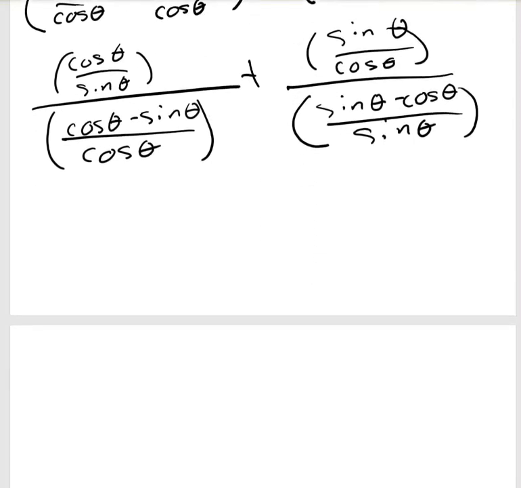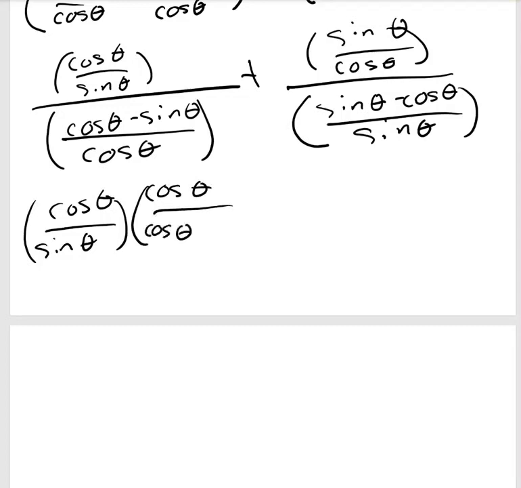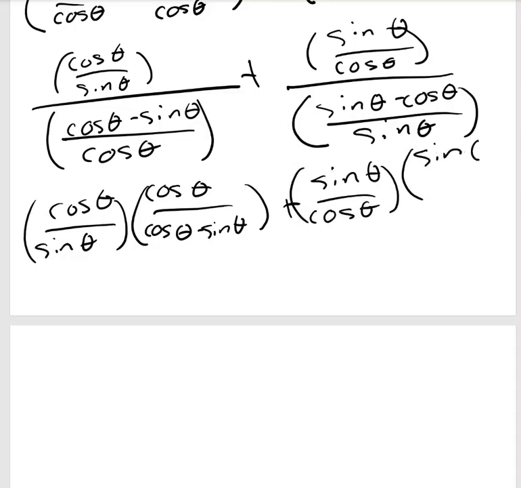Now I can flip these. So I'm going to keep the cosine theta over sine theta, but then I'm flipping this over. So I have cosine theta over cosine theta minus sine theta. Plus, I have sine over cosine. And again, I'm flipping. I have sine over sine theta minus cosine theta.